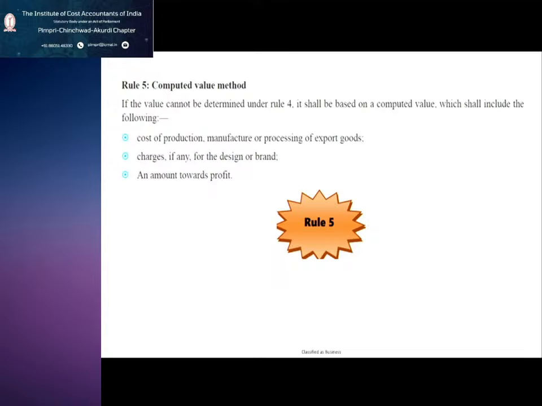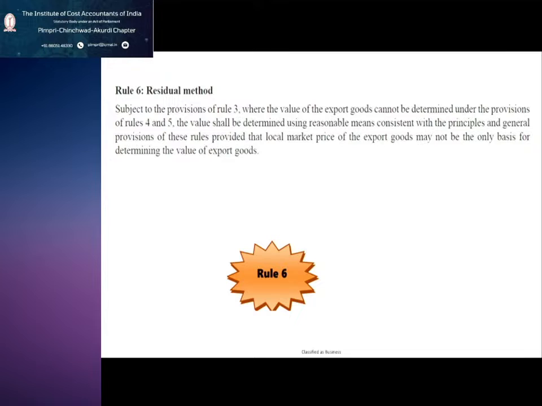Then we have Rule 5, which is the computed value method, which shall include the cost of production, manufacture or processing of export goods, charges for the design or brand, and any amount towards profit. And we have the residual method. For export goods whose value cannot be determined under the provisions, the value shall be determined using reasonable means.